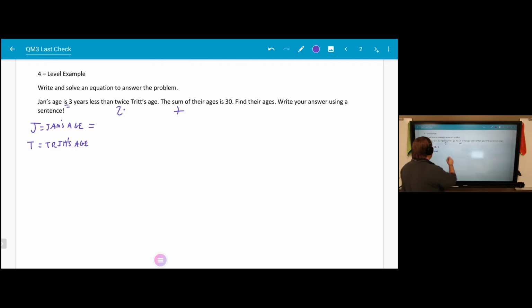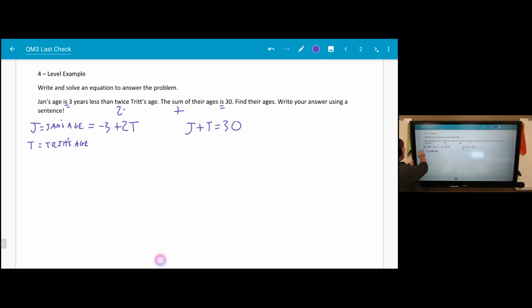Taking 3 away would be a minus 3. 3 years less than twice Trit's age, 2 times T. Okay. And I know the sum of their ages, so Jan's age plus Trit's age is, again, another equal, 30. Find their ages.